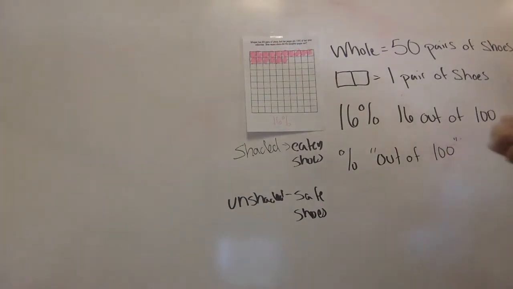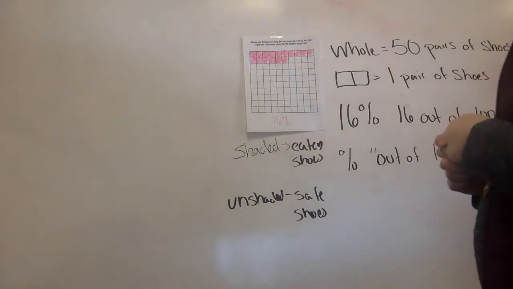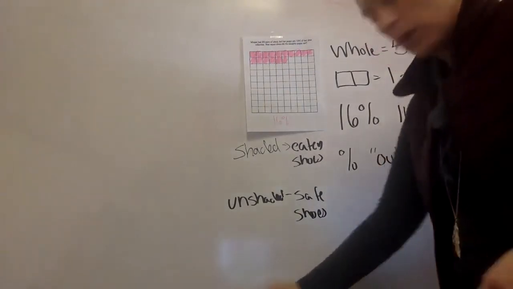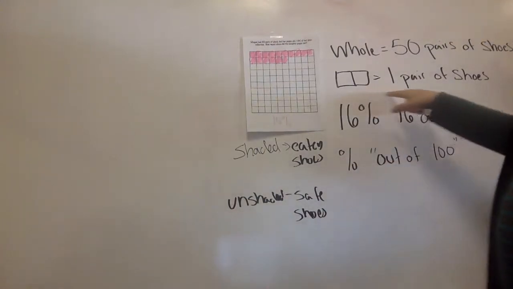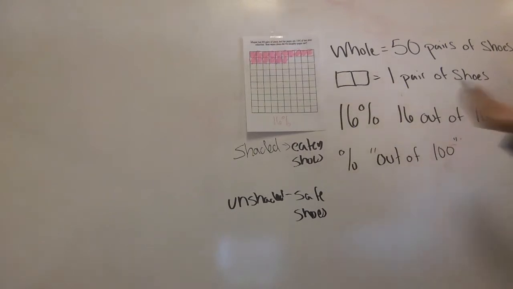Okay. All right. So now the question really wants to know, how many shoes did the puppy eat? We know that the puppy ate 16% of the shoes, but we want to know how many that is. Well, notice our little reference back here tells me that every 2 squares is 1 pair of shoes.